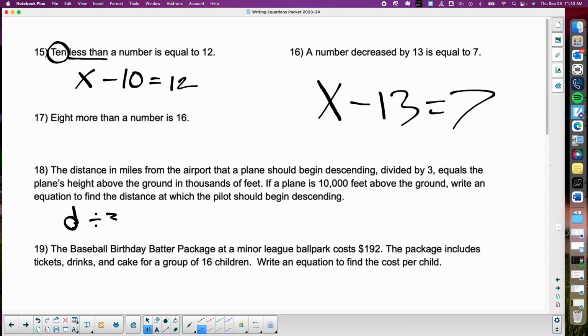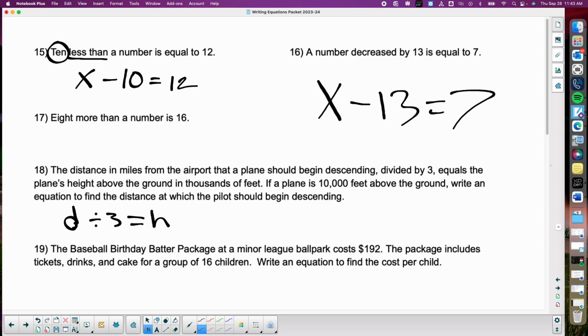So distance divided by 3 equals the plane's height above the ground. So the height. Whatever you want to put. Some people like to write the word, some people like to write just a letter. So this is basically telling us the info directly right away.